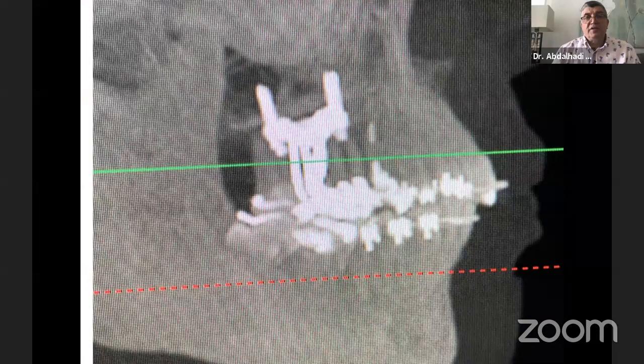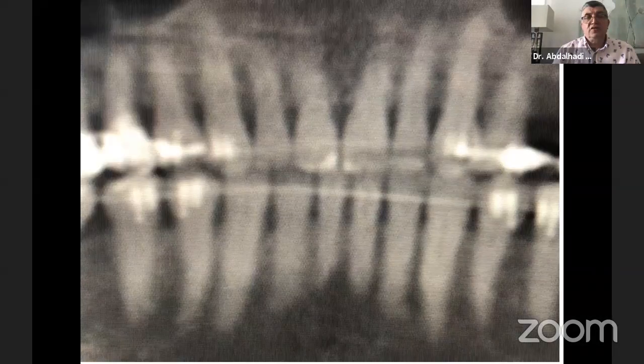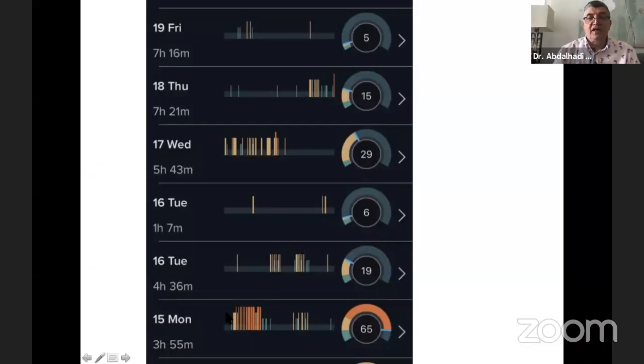And this is a Marpe inside her palate, and you can see the splitting of the midline. Now there is a little bit of space; there wasn't space before. And in the snore lab app that I told her to download, this is Monday, the 15th of June, it was 65.